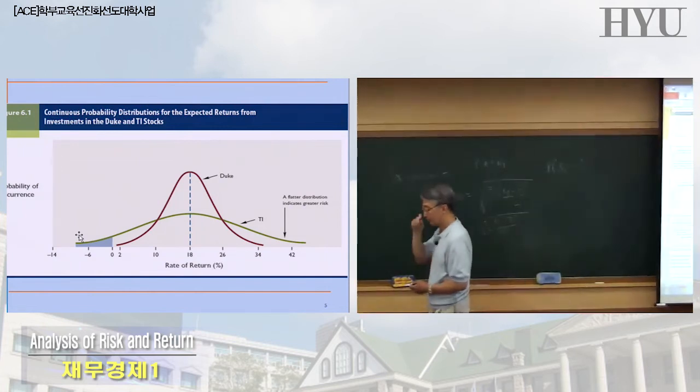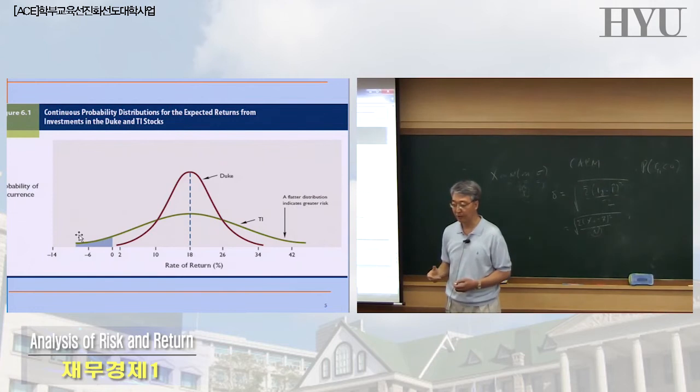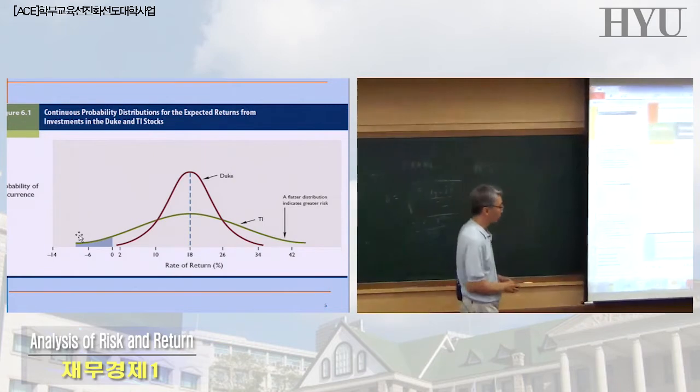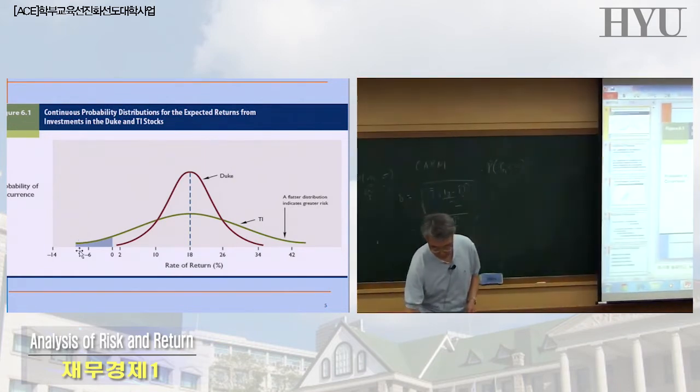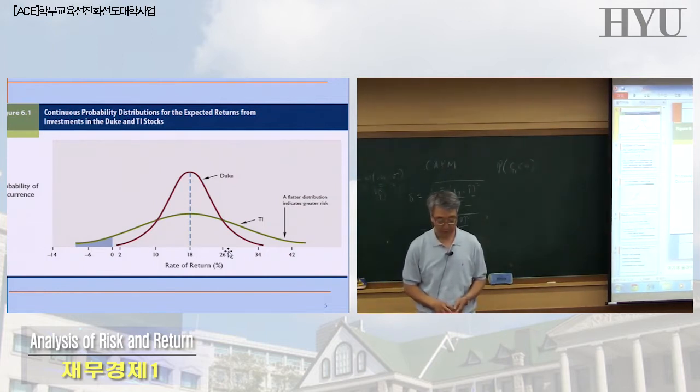In other words, if you are considering investing your money in TI stock, maybe you want to know, is there any chance that I can lose money in this investment? Based on this distribution, and the mean and the standard deviation of the stock returns that we found, we can find that probability.